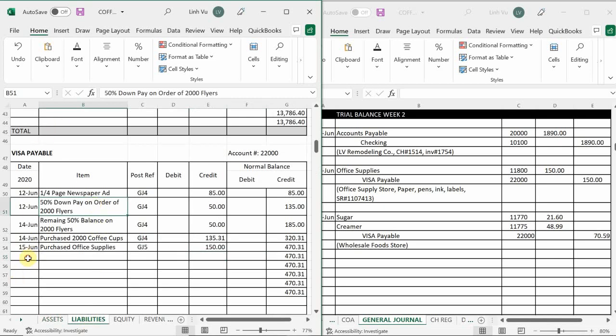So, of course, because I used my business credit card, I need to update my business credit card. So, what is going to be my note for this transaction? Purchase what?